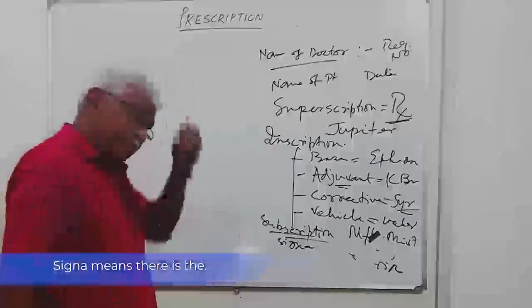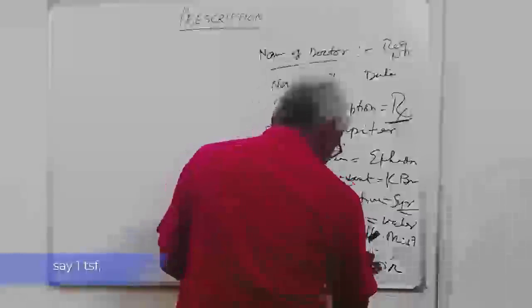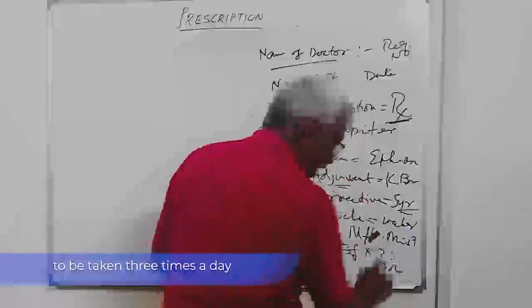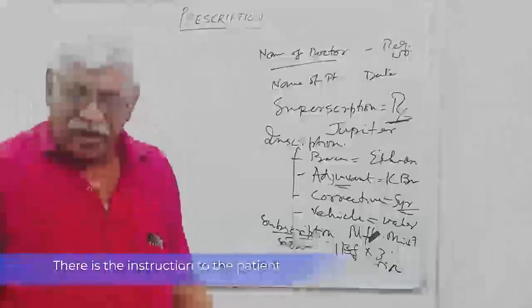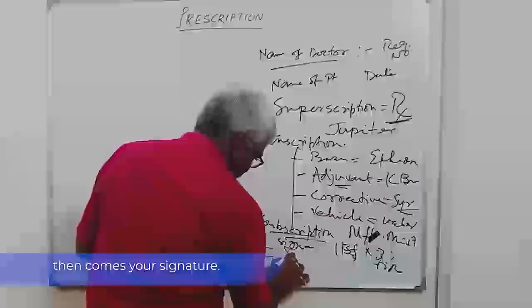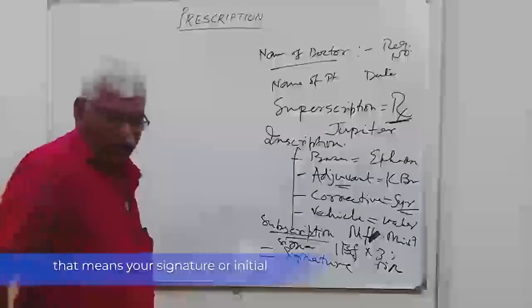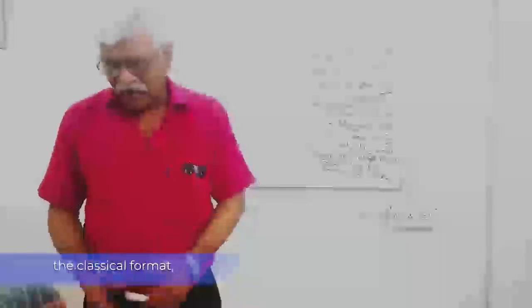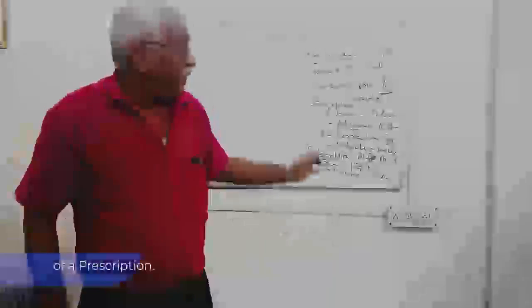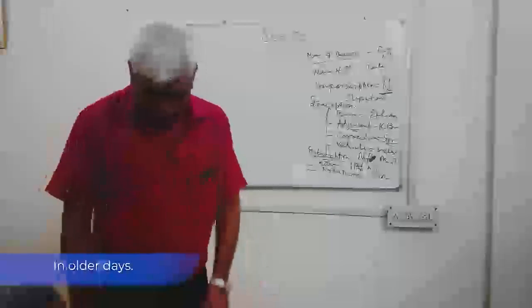Signa is the instruction to the patient, say one teaspoonful to be taken three times a day, and then comes your signature, that means your initials. So this is the classical format of a prescription in older days.